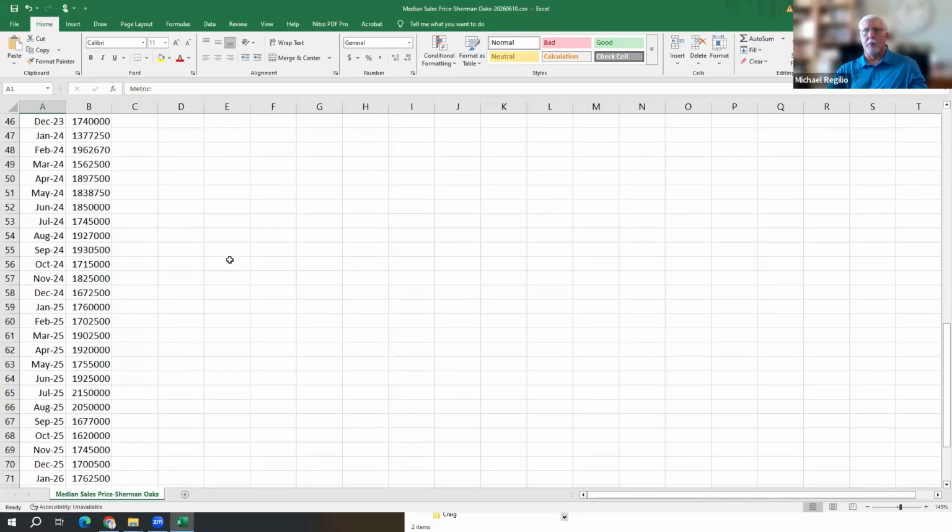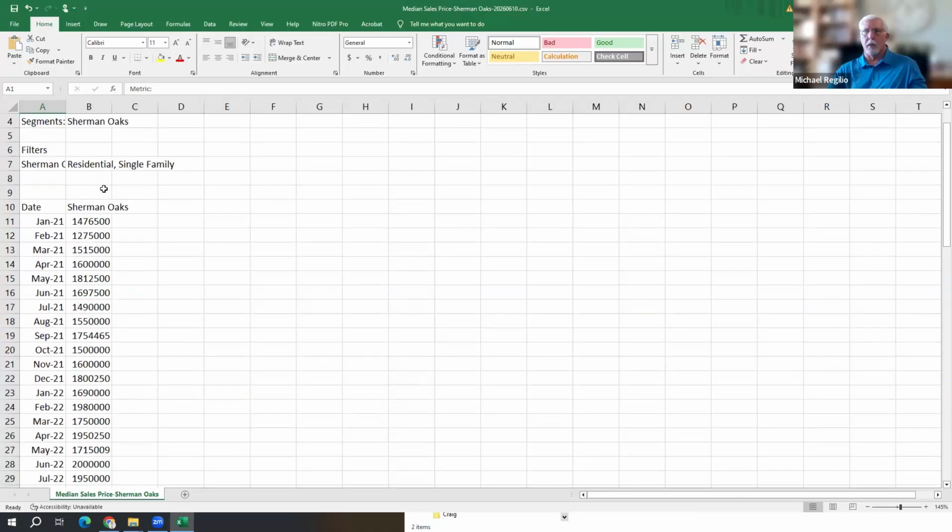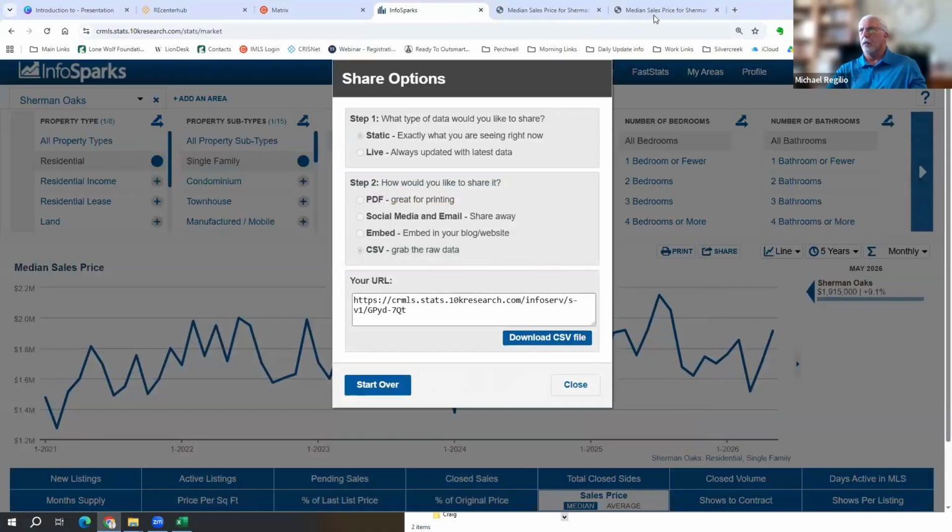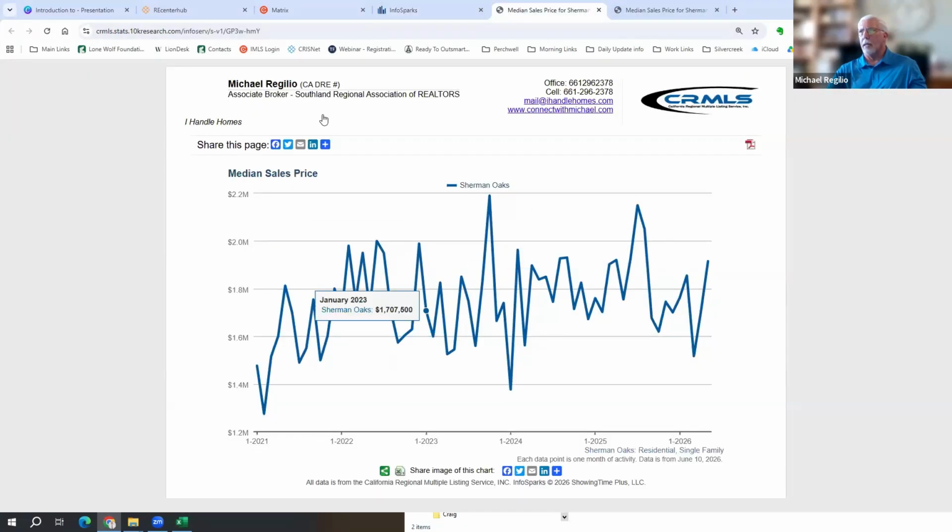Like, I put this into a Canva chart and was able to create that chart with a little bit nicer presentation than what this kind of line does.